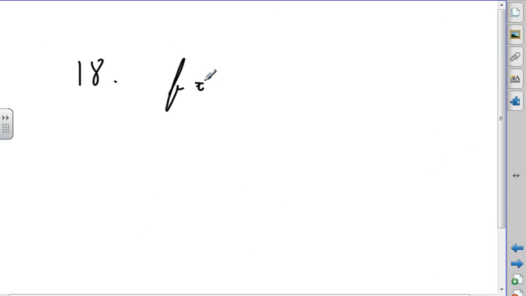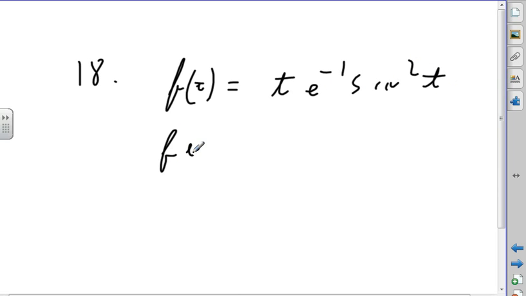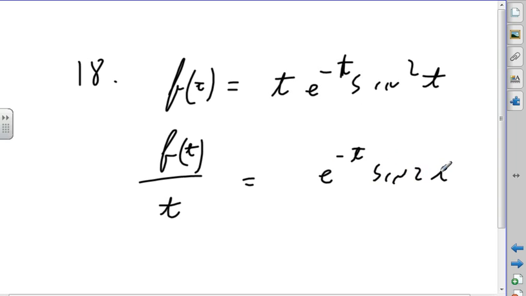And f of t is equal to t e to the minus t sine squared t. F of t divided by t is equal to e to the minus t sine squared t. Do we have a Laplace transform for sine squared?